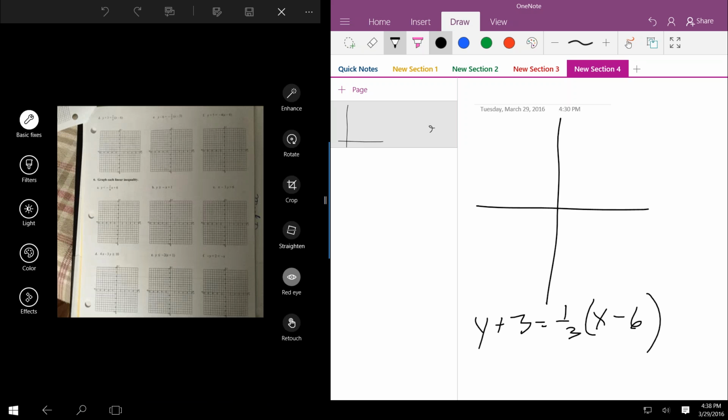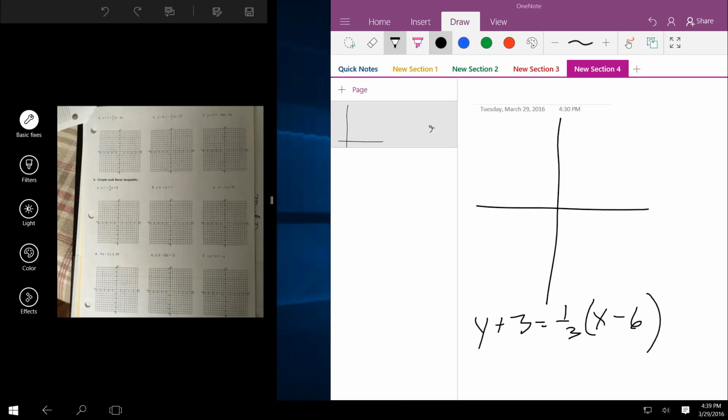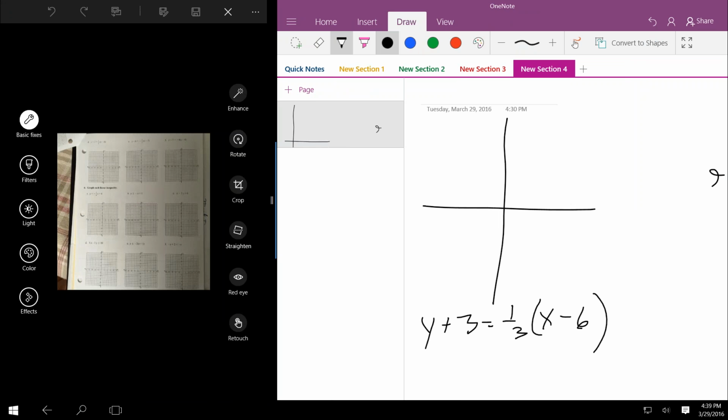Okay. So if we're trying to put it into y equals mx plus b, what do we need to do to this thing? You need to move the 3 to the other side of the equal sign. First, or do we have to do something else first?